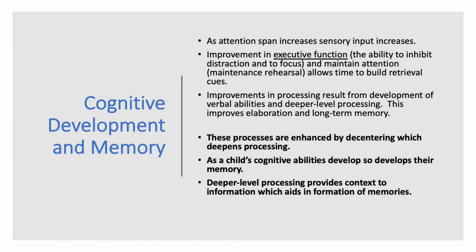So decentering, like becoming more empathetic, being able to take the perspective of other people, understanding things at a deeper level deepens their processing, and that also improves memory. So the more elaborate their understanding of the world, the better their memory is going to be.